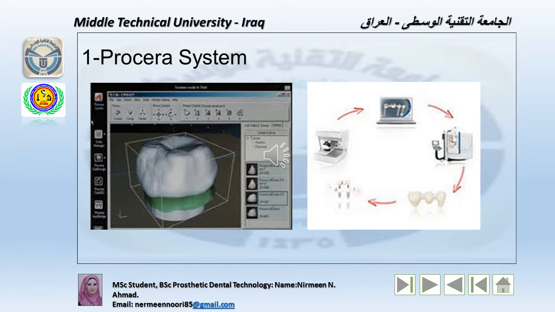This slide contains two pictures of a Procera system. The Procera system, Alpha, was introduced in 1994 and produced 3 million units as of May 2004. Scanning acquires a 3D image of the master die. The processing center then generates a larger die designed to compensate for the shrinkage of the ceramic material.